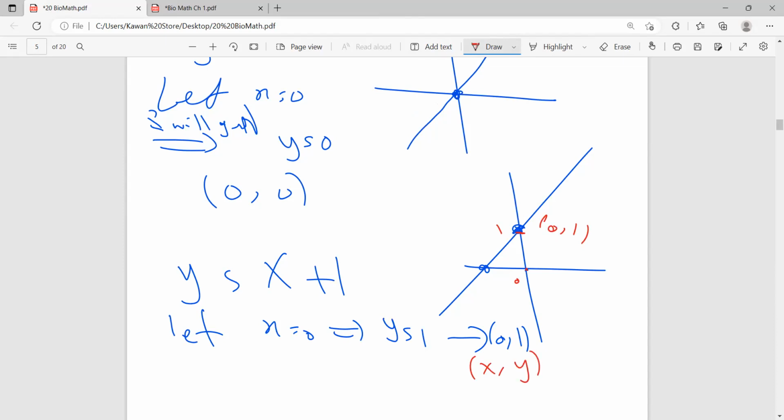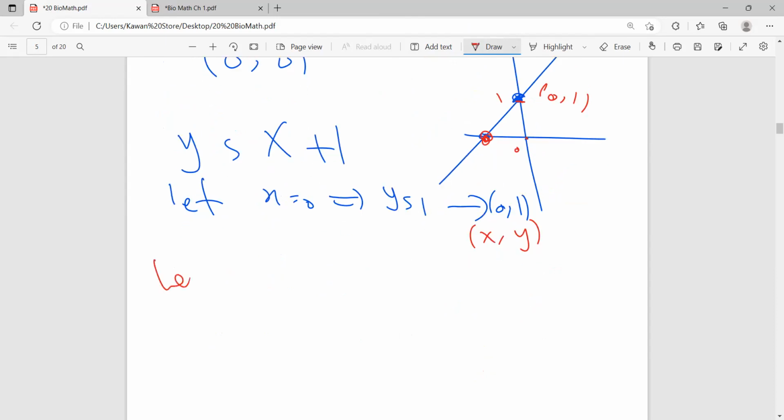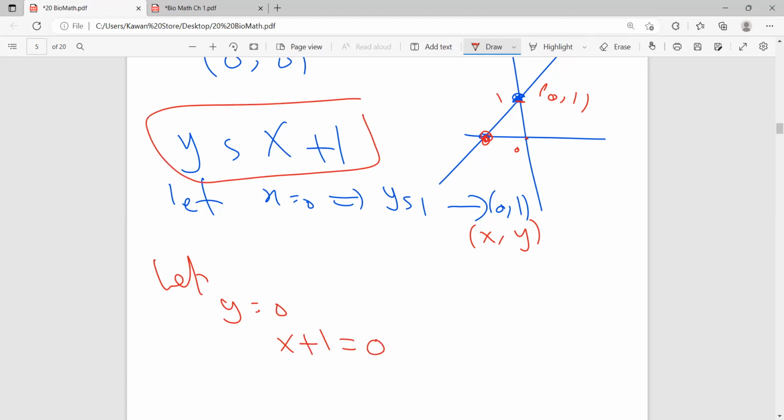Understood here? Can you give me this point also? How do you know? This time, I'm going to let y be 0. So if y is 0, then x plus 1 equals 0. Am I right? Look at that equation. The first time, make x be 0.